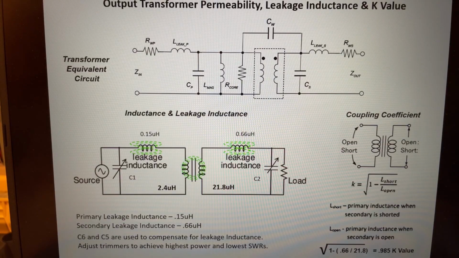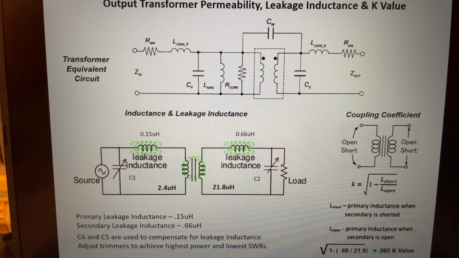Okay, so this next topic would be looking at the permeability of the transformer and the leakage inductance and the K value. So this is an important topic.